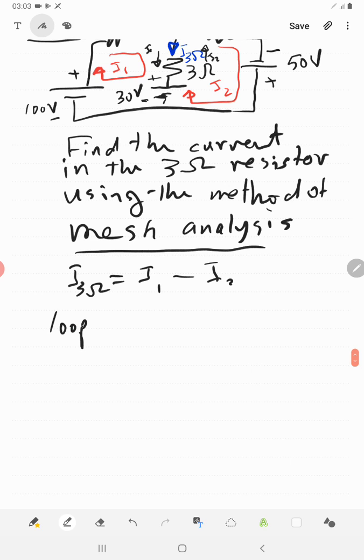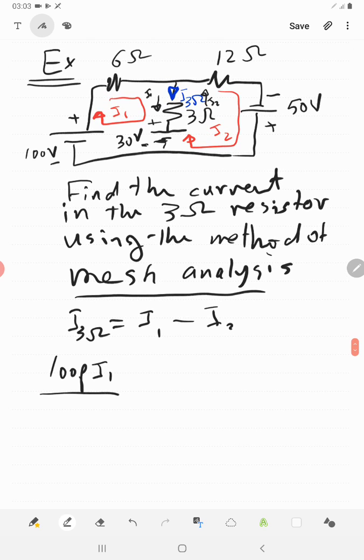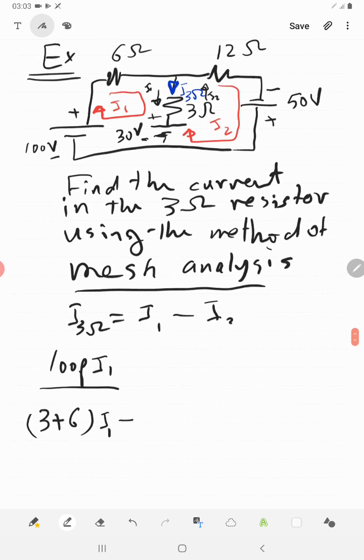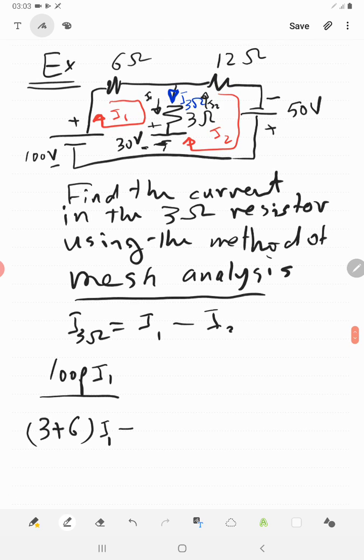Now, loop I1. We will write the equation of loop I1. How many resistors do we have in loop I1? 3 ohms and 6 ohms. So we say 3 plus 6 times I1 minus. Which resistor shares loop current I1 with I2? It is the 3 ohms resistor.